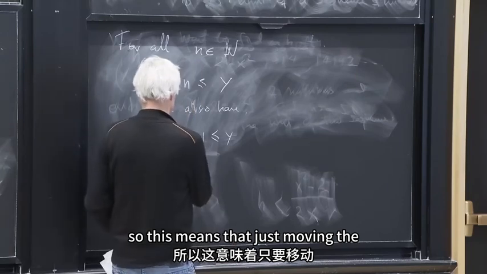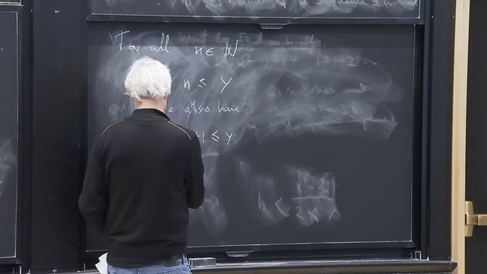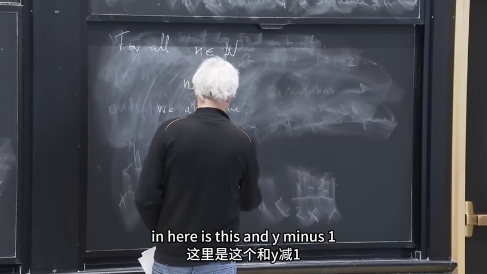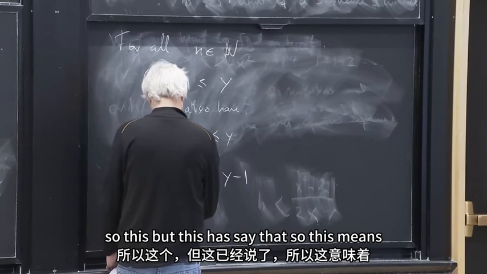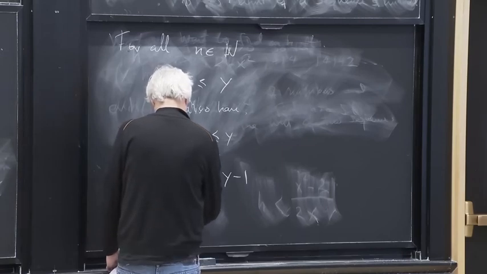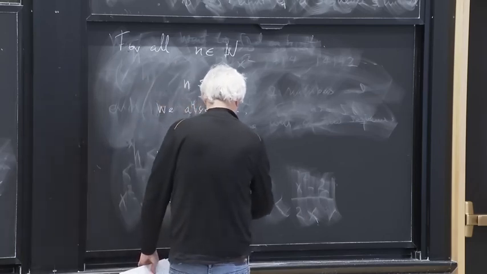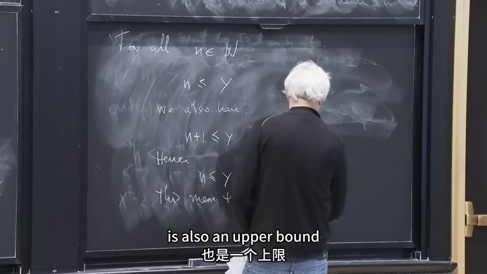So this means that, just moving the 1 over to the other side, n is less than y minus 1, right? But this says that y minus 1 is also an upper bound.